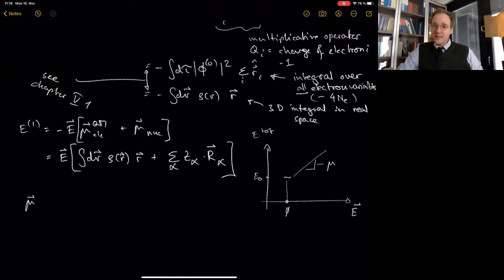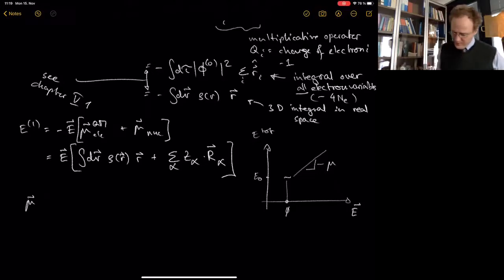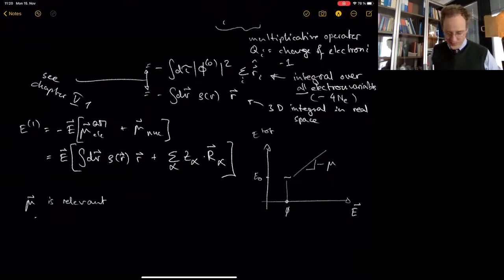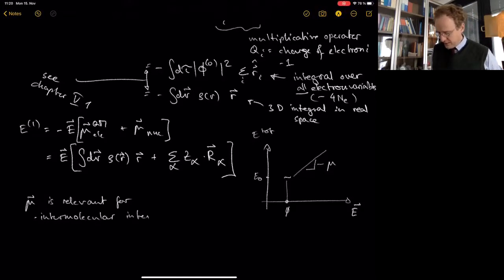You can imagine that the entire phase diagram, so where the melting lines and where the phase transitions occur, under which conditions, is dramatically affected by this key property of your compound, right? So μ is relevant, and that's sort of an understatement, for intermolecular interactions.